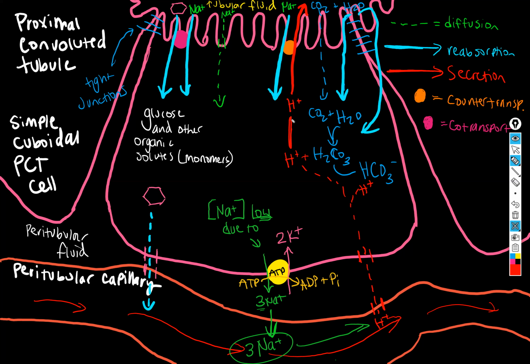So again, with redundant systems, we've got a bunch of different buffering systems that are all working together to keep our blood pH right around 7.4, which is a little bit north of neutral, and to make various basic or acidic secretions at various parts in our body.